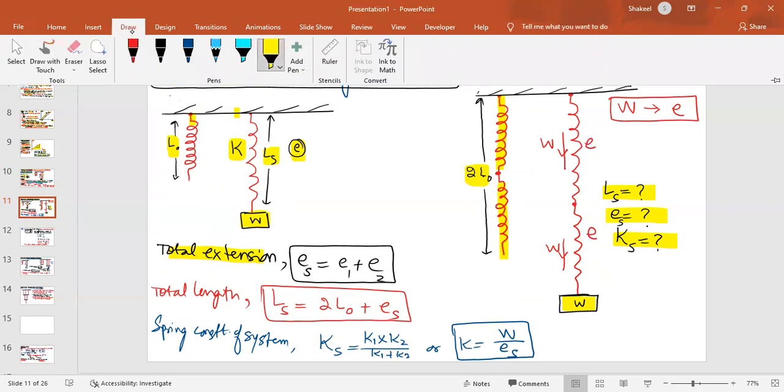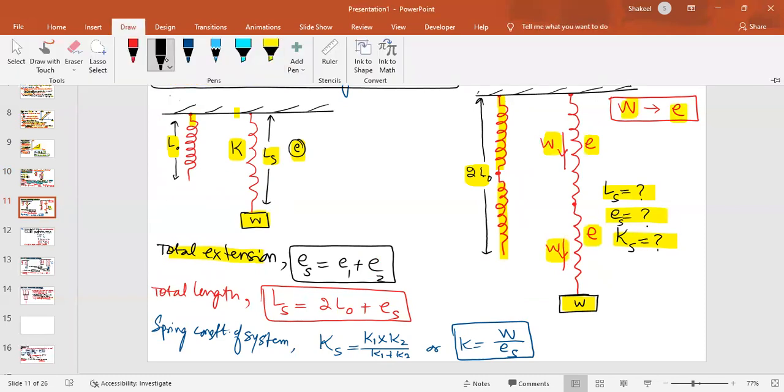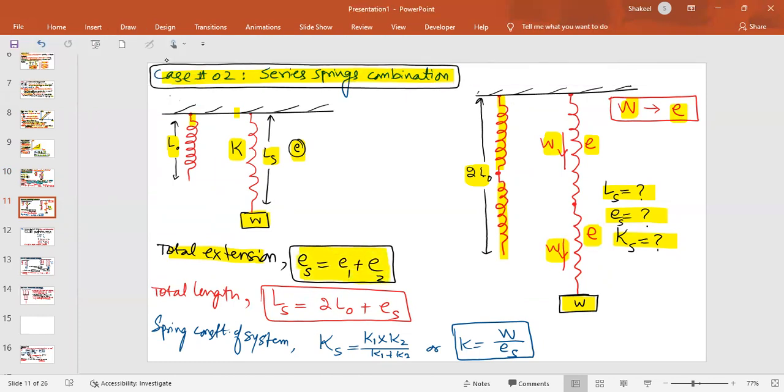Because the same weight is exerted on both springs, so the extension is the same. In order to find the total extension, we add the extensions of the two springs. So in series combination, you always add the extensions of the two springs to find the total extension.